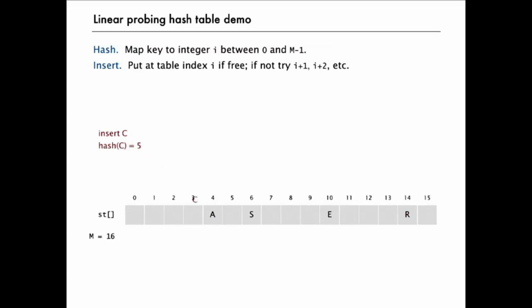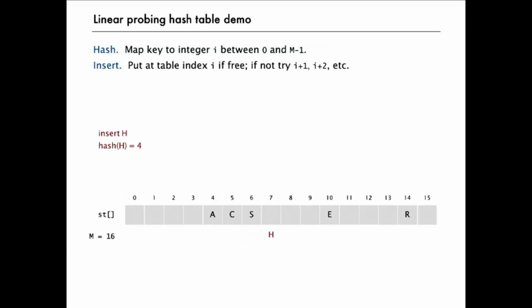C is 5, that's empty, and we put it there. So H now, the hash value of H is 4. So now we look at 4, and that's occupied, so we can't put the H there. And then linear probing says, just look at the next position, look at 5. That's still not empty, so we look at 6.